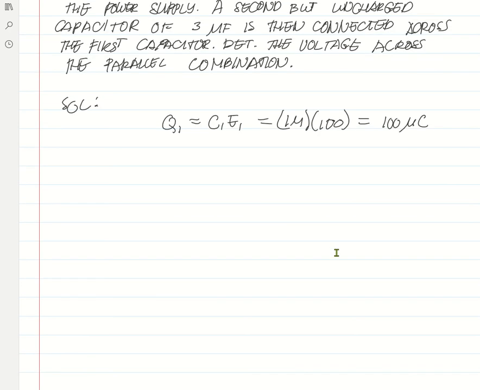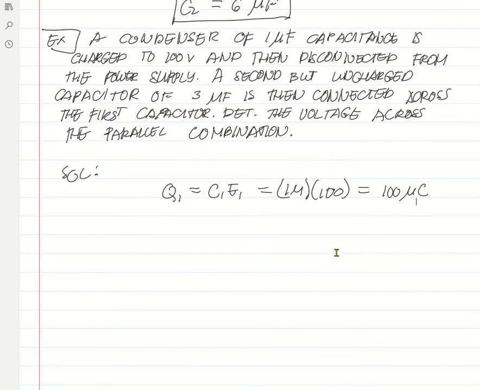Then, what will be the total capacitance? Because they are connected in parallel, the total capacitance will be just equal to the sum of the two, C1 plus C2. C1 is equal to 1 micro plus C2 is equal to 3 micro.